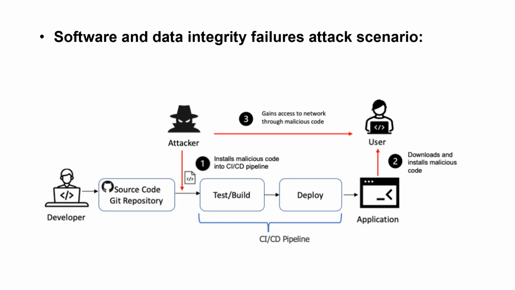The attacker gains access to the network by passing malicious code to the user, and the user works with a server and application to download and install the malicious code. This is the process of software data integrity failure and attack scenarios.